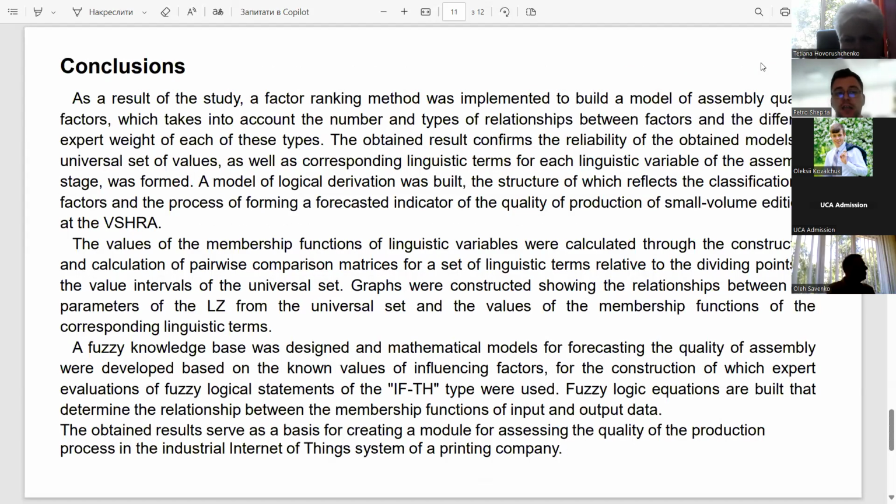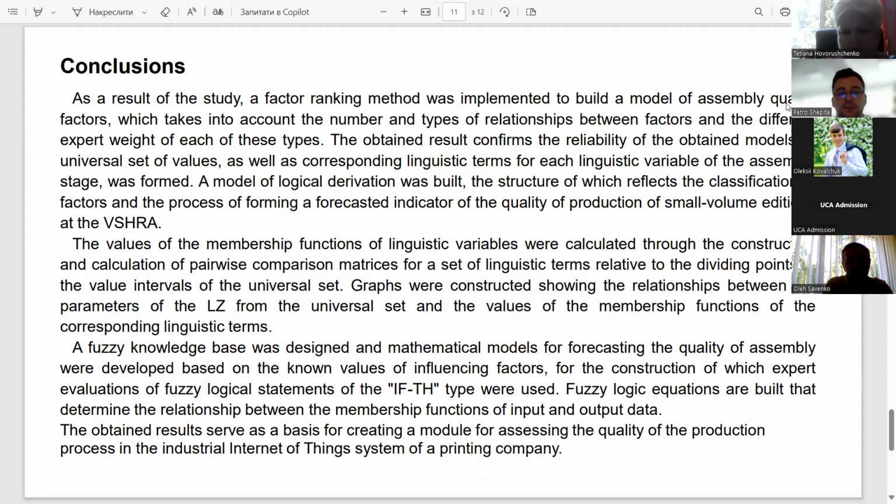As a result of the study, a factor training method was implemented to build a model of assembly quality factors, which takes into account the number of types of relationships between factors and the different expert weight of each of the types.